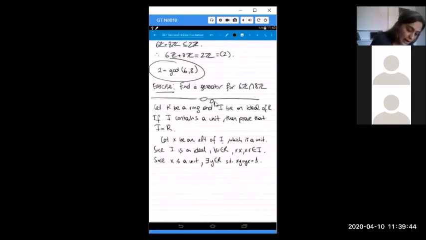And now for this element r, if we take the multiplicative inverse of our element, this means that x times y and y times x lie in I. And this means that 1, our multiplicative identity, lies in I.